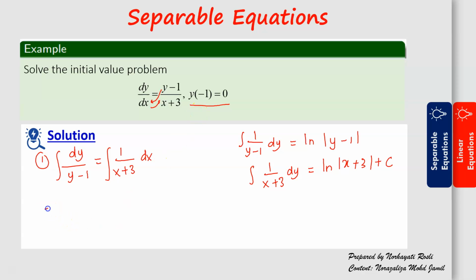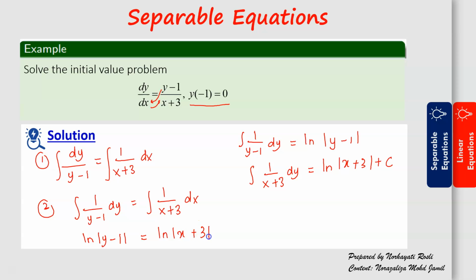So for step number 2, integrating 1 over (y minus 1) dy, which is equal to the integration of 1 over (x plus 3) dx, we get ln(y minus 1) equal to ln(x plus 3) plus c.